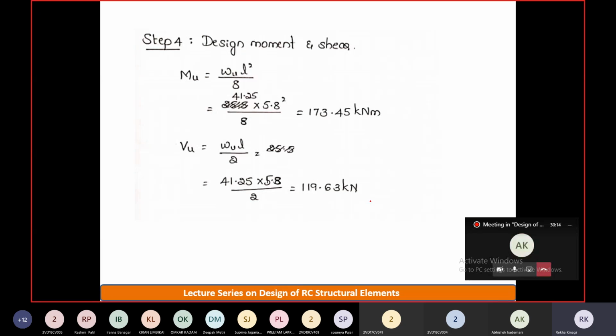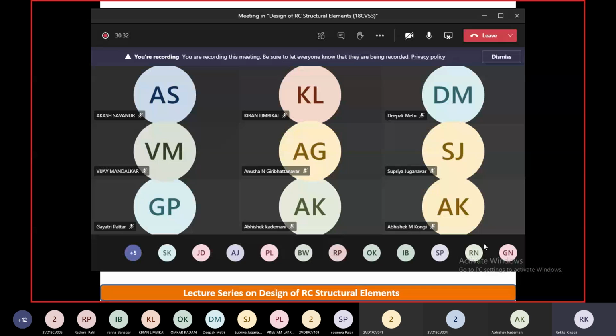Now the next thing is the design moment and shear. Now again for the simply supported beam, where will the moment be maximum? What is the critical section for the moment? Can anybody tell me the critical section for the moment? Supriya, what is the critical section for the moment?